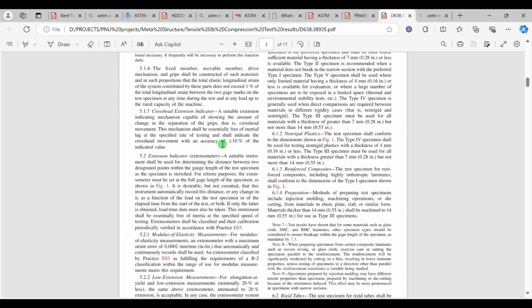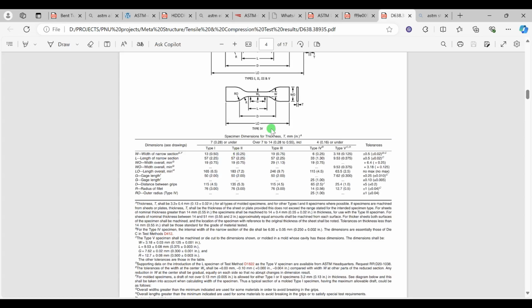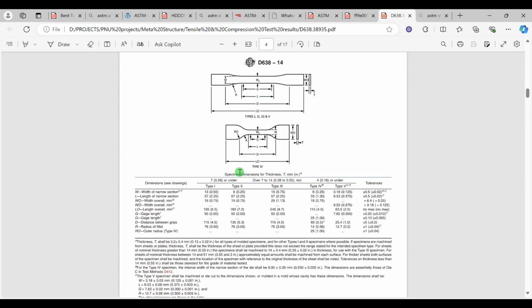And as I already mentioned, you can find this table for designing your specimen for test. Again, based on the thickness and width, there are two different specimens, and you can find your relevant and correct specimen based on your material from this table. You should consider the gauge length.